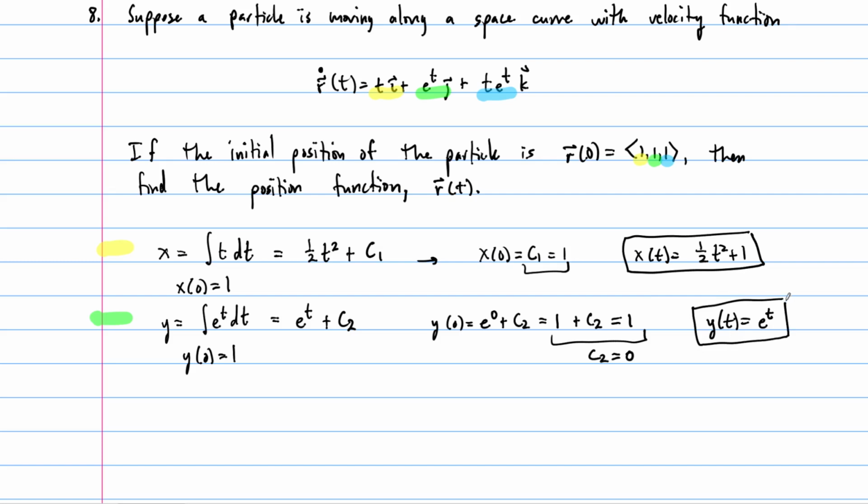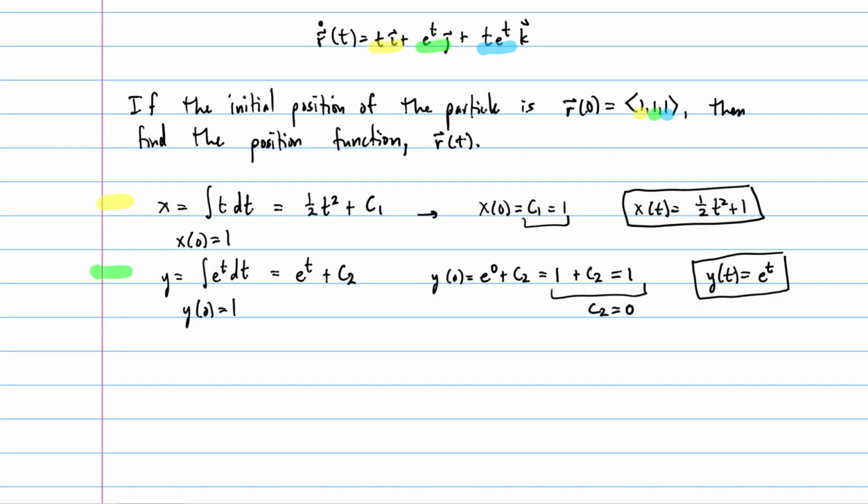All right. And then finally we go to the third one. The one we've labeled as blue, right? So this one, z, is equal to antiderivative of t e to the t dt. This one is integration by parts. All right, so this one's going to be integration by parts.